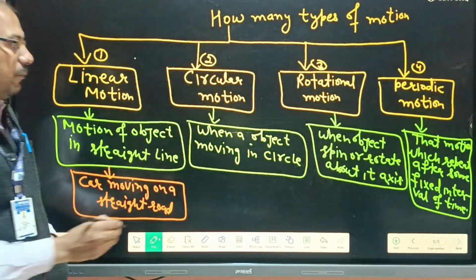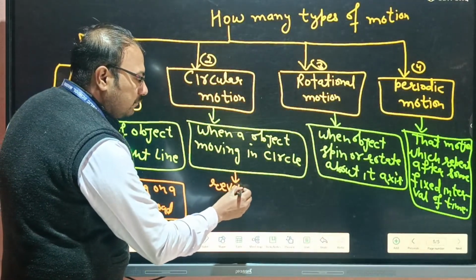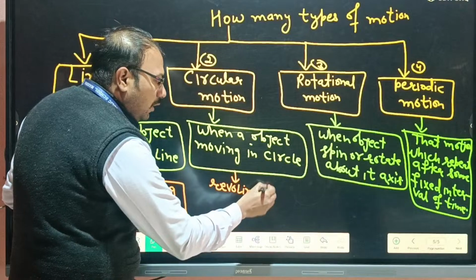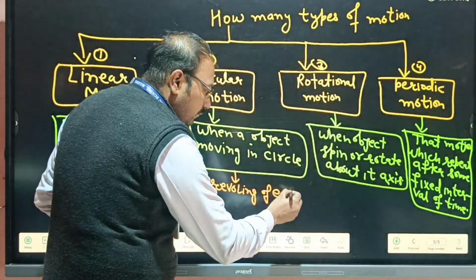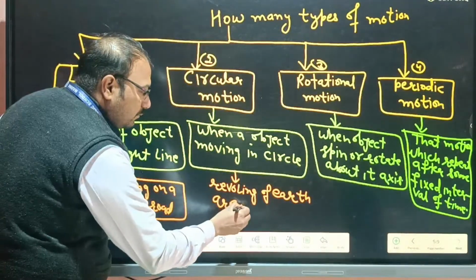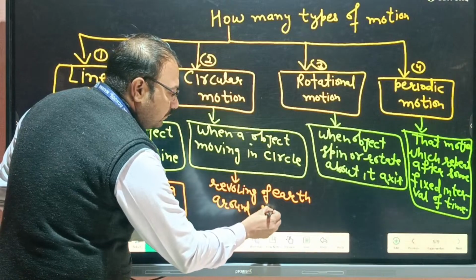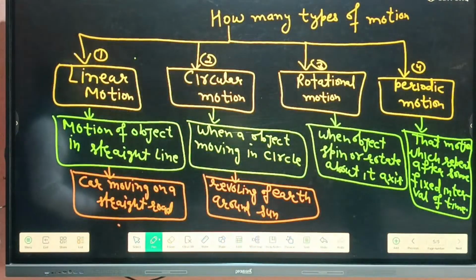So what is the example? Revolving of Earth around the sun. So this is an example of circular motion.